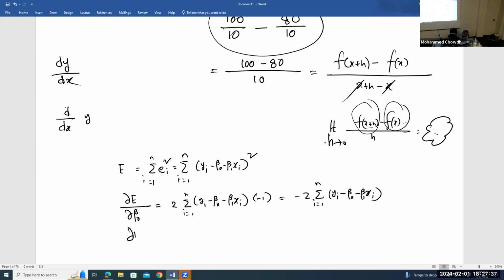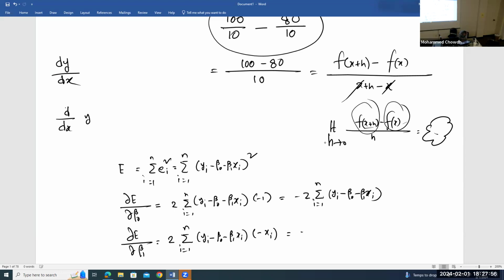Now if you differentiate this with respect to beta 1, then you get the sum of (y_i minus beta 0 minus beta 1 x_i), and then you get just x_i.